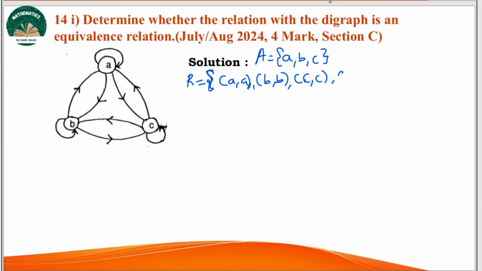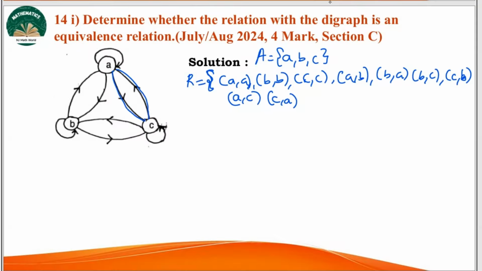Then you have A comma B and B comma A. Then you have B comma C, C comma B. Then you have A comma C, and then we can take C comma A. Then if you can see, there is a connection from A to C, and then from C to B. So if you take A comma C, then C comma B, then A comma B is also present. So yes, it is also there.